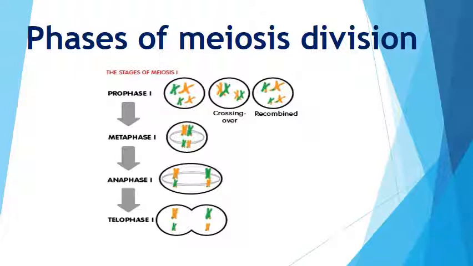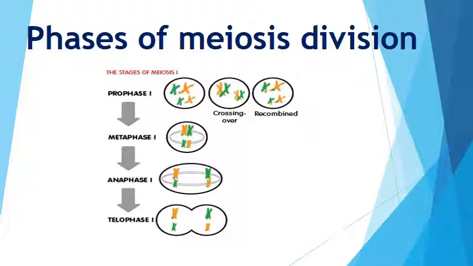Yes. Now we can know what is the importance of meiosis division. If I ask you about the importance of meiosis division, you can say, yes, exactly, formation of gamete. And we know what's meant by gamete?